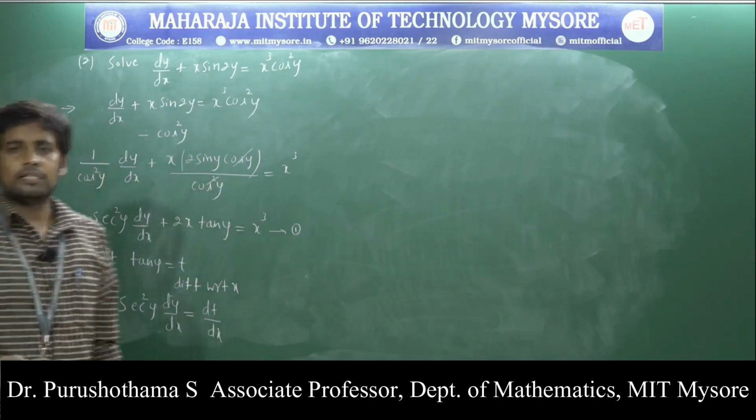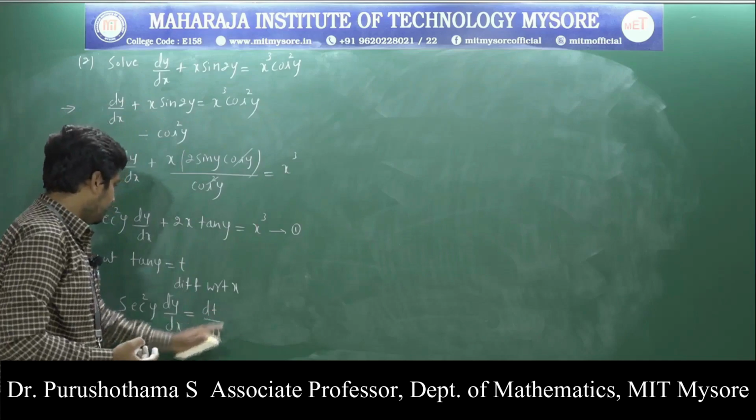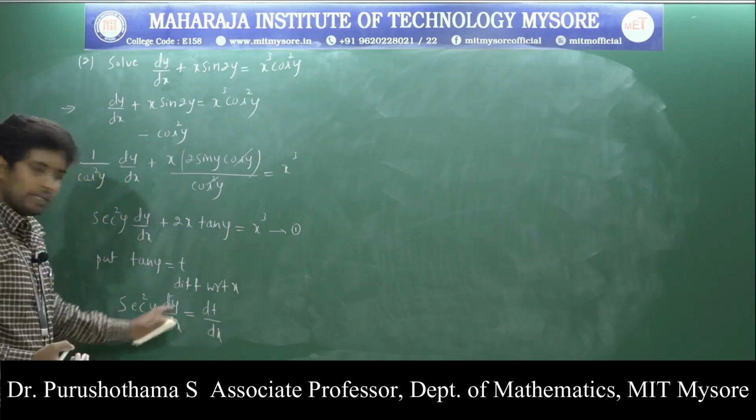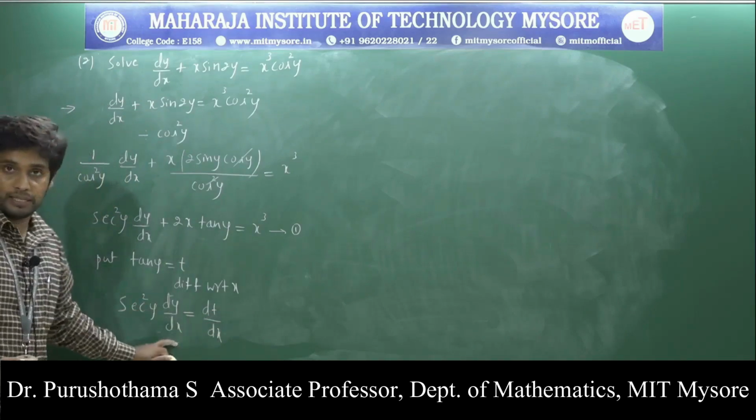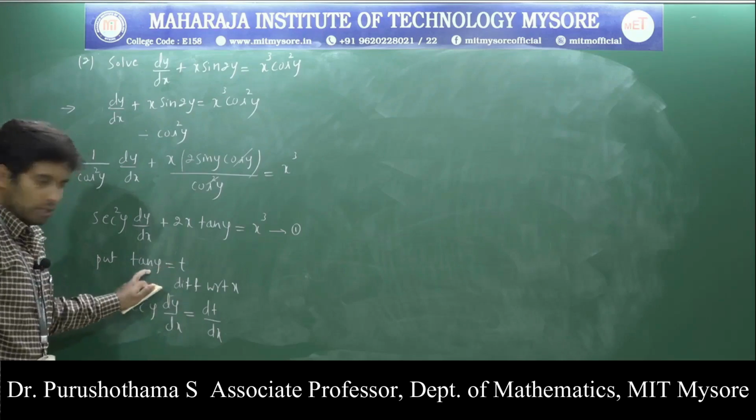In the next step, just replace secant square y into dy by dx value and tan y value.